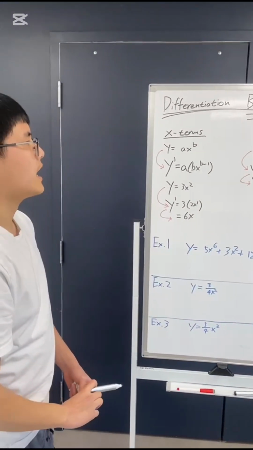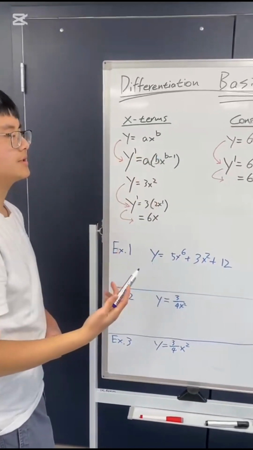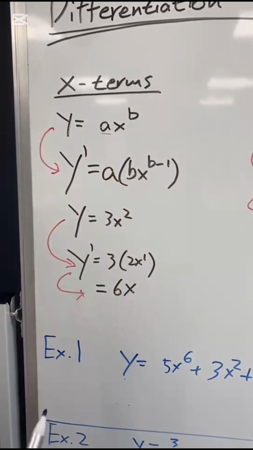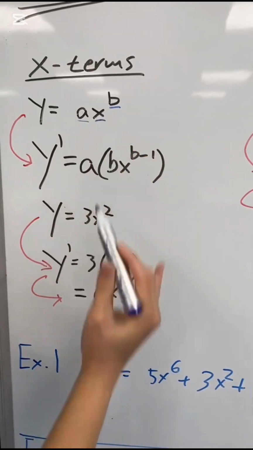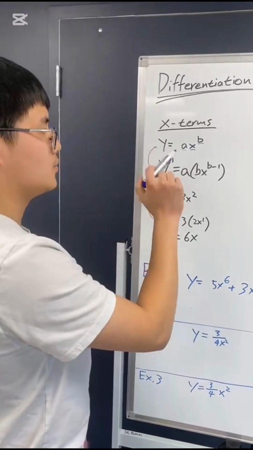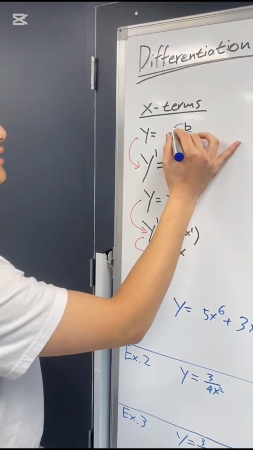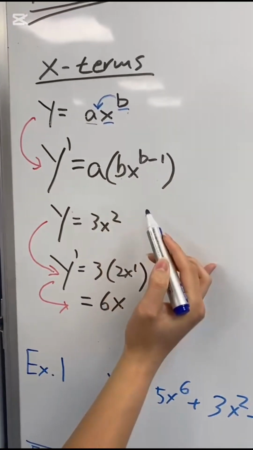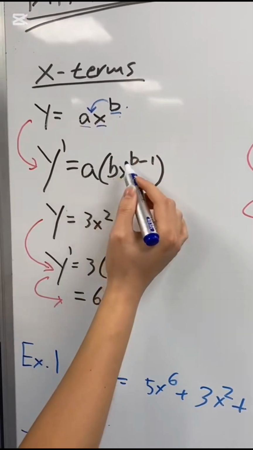So pretty much how you differentiate terms with x, or x terms, shown right here. Here, a stands for a constant, and b is the exponent for the x. How you differentiate that is you take the b term down in front of the x, and then in the exponent part you have b minus 1.